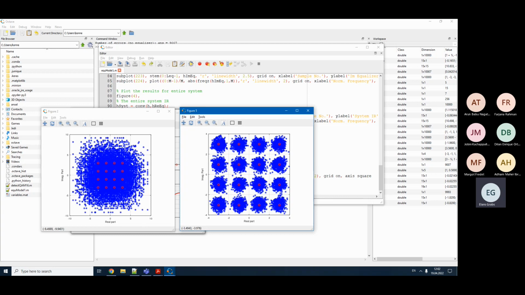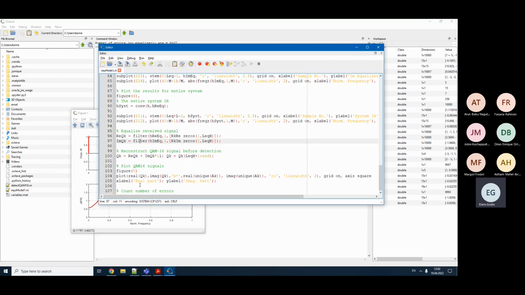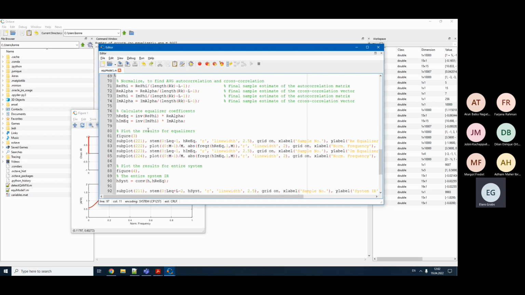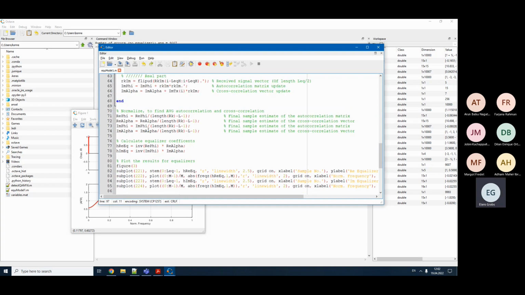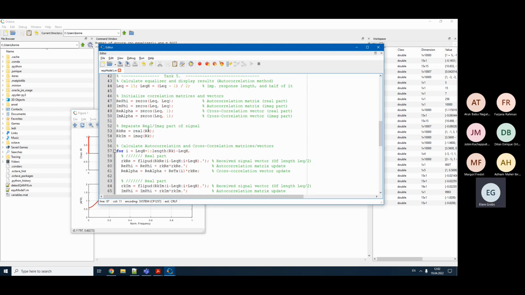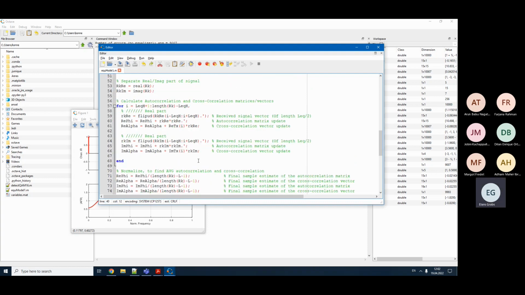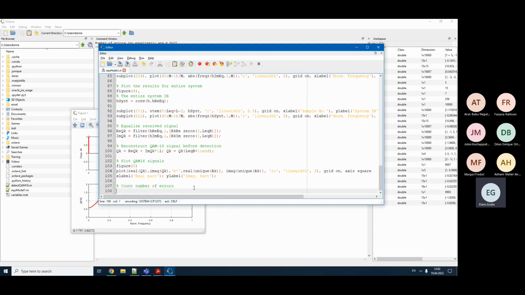How many errors do we have? For that, we actually need to perform detection. However, since now we have this function ready, we can simply copy this part, and that is going to be it.